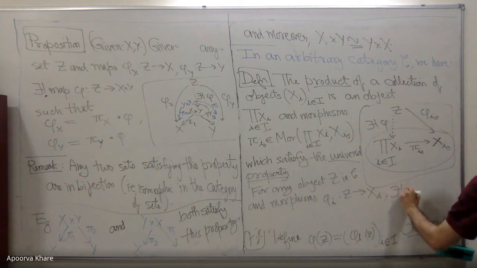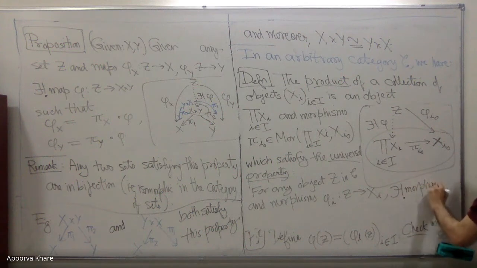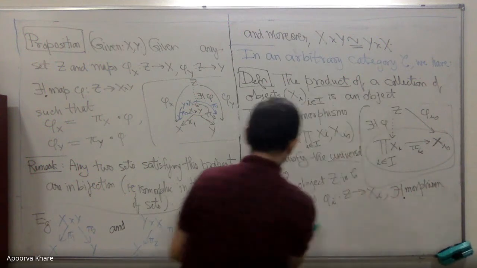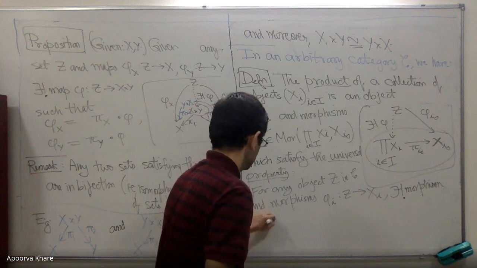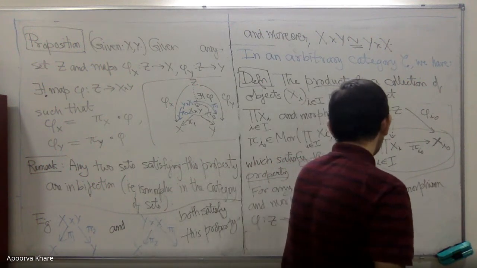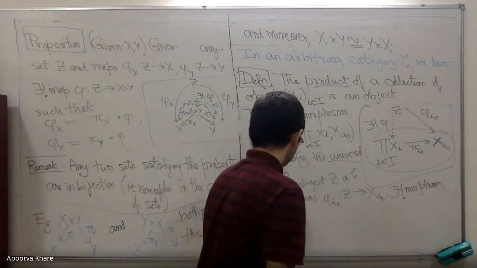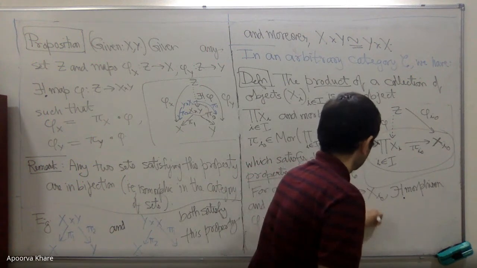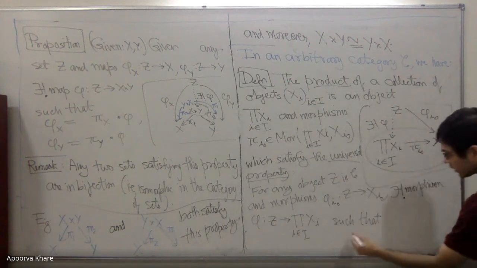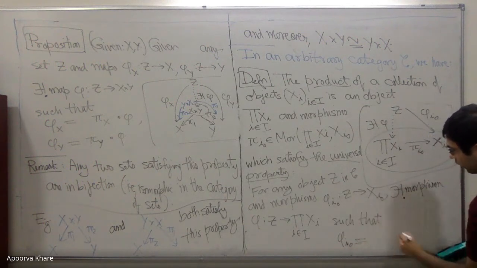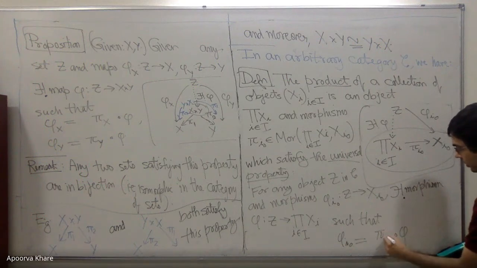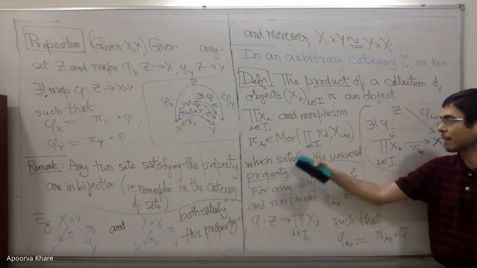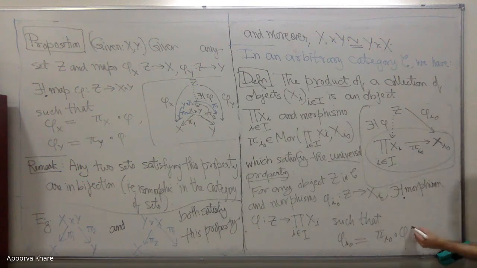There exists a unique morphism phi from Z to the product such that the same thing happens. So either you can directly go from Z to X_i0, or you can first go from Z to the product and then go from the product to X_i0. I'm not saying here these are sets and that these are the component maps phi_i, but we will see that for all i0.